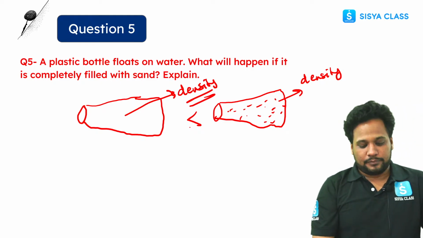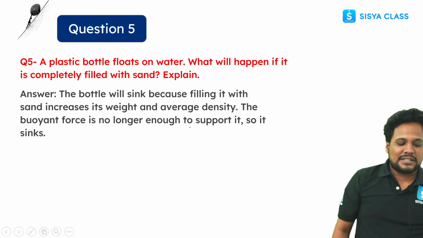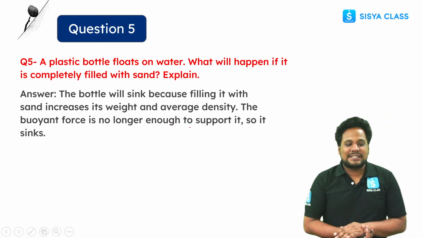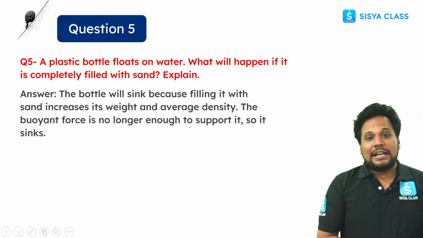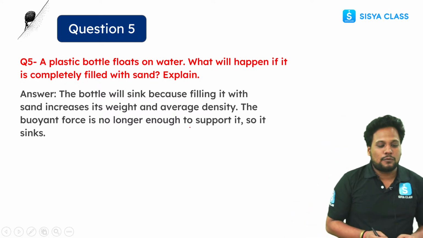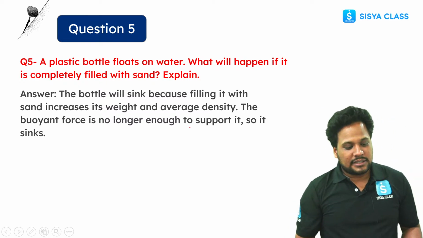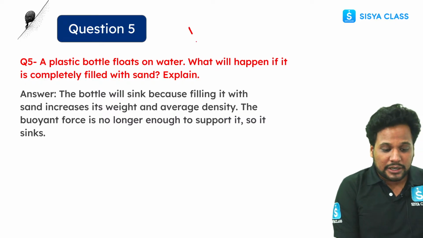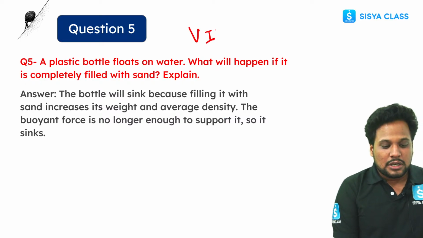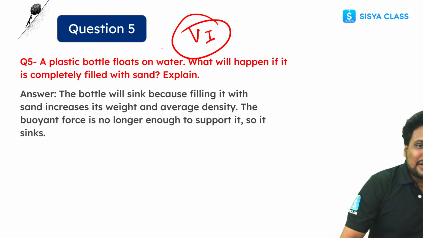This is clear? So the bottle will sink because filling it with sand increases its weight and average density, and because of which the buoyant force is no longer enough to support it. So these are very important questions. Just revise this question.